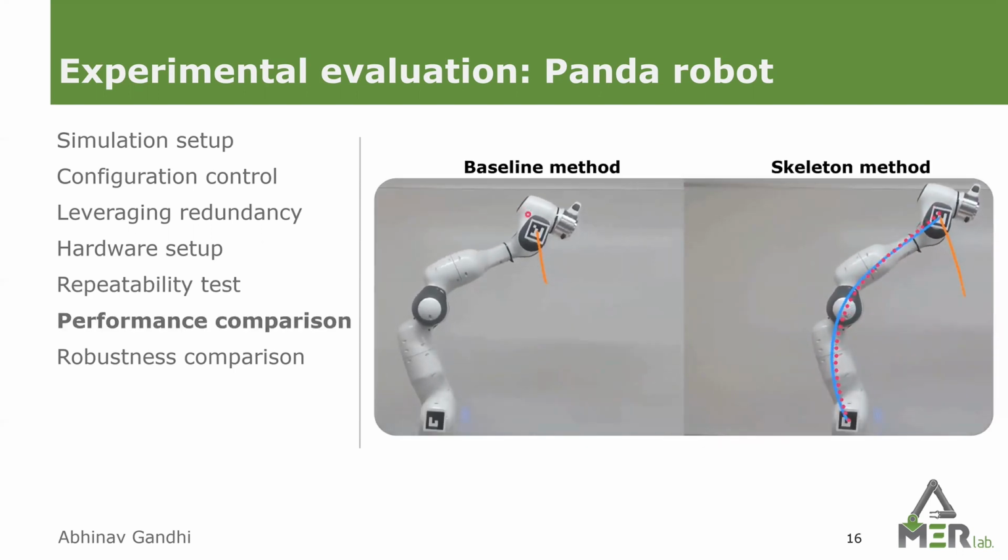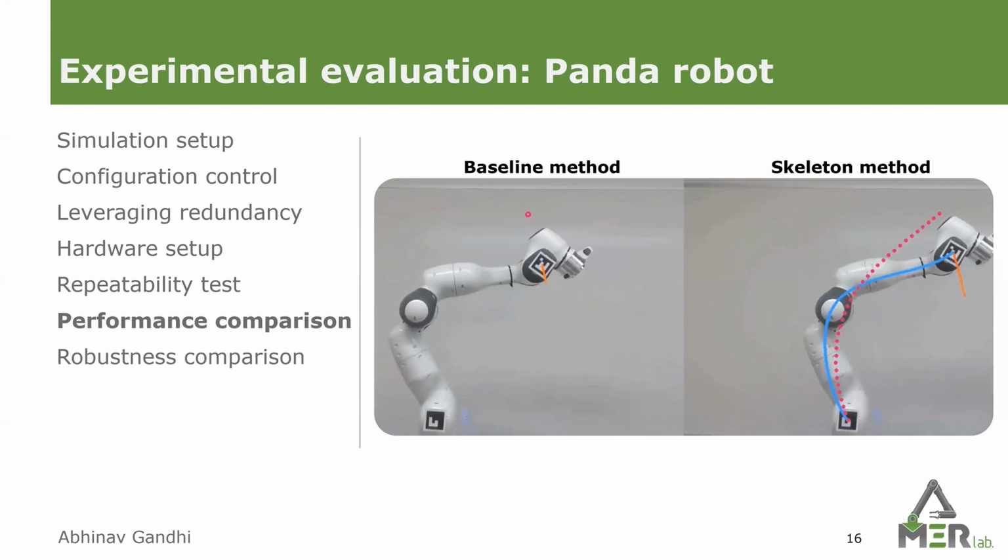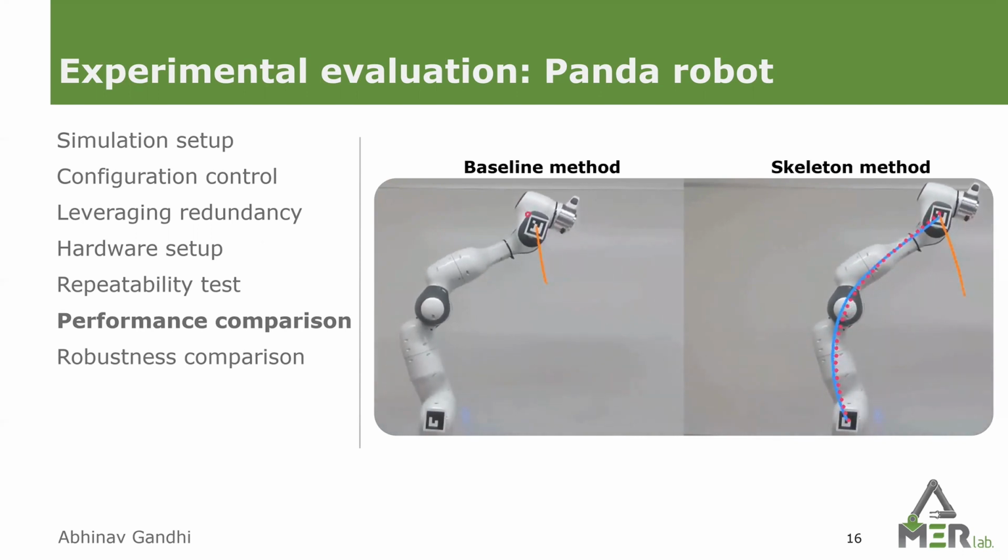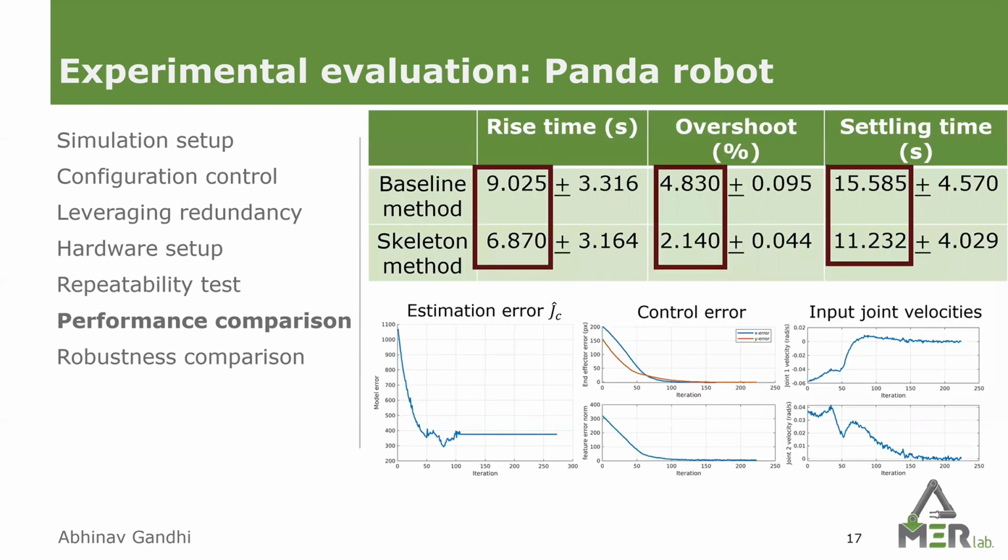When compared to a traditional adaptive visual servoing scheme, our proposed skeleton-based visual servoing algorithm converges faster with much lower overshoot. This can be confirmed by experimental results collected over 20 experiments.